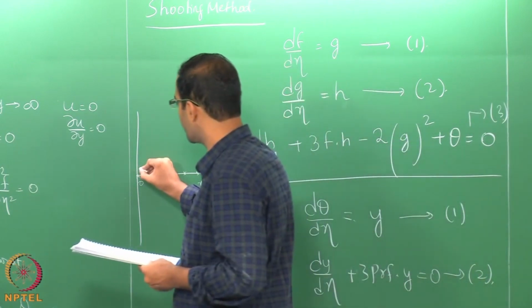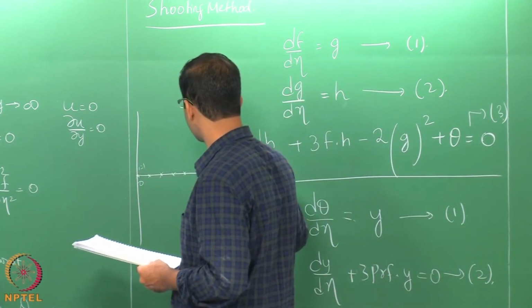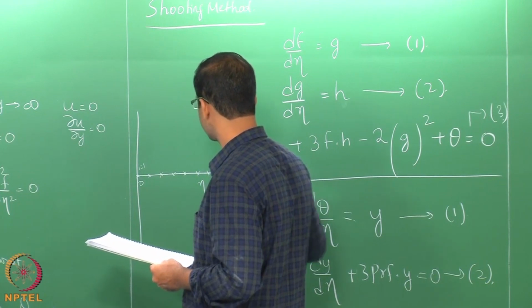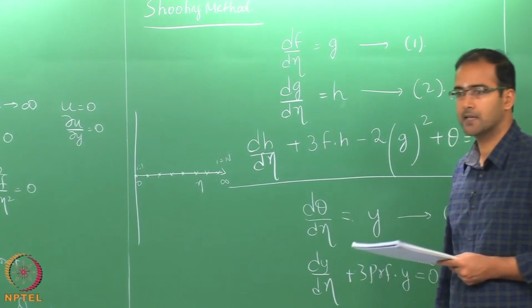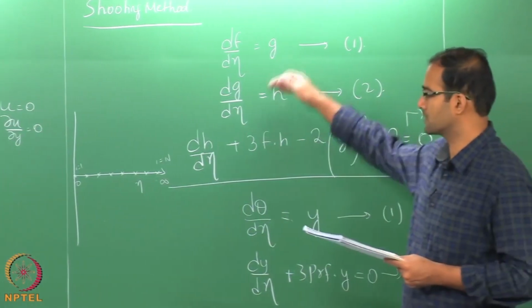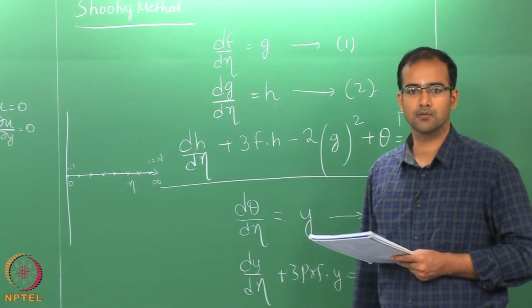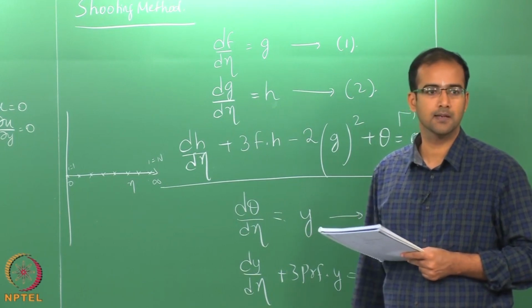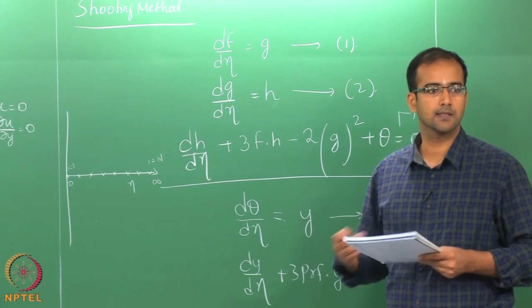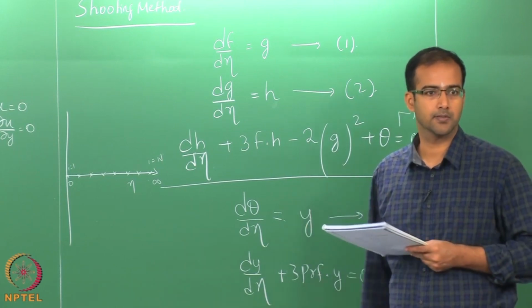So, you have points I equal to 1 all the way to I equal to n, right. Therefore, you will be marching in space. These are all first order ODEs. You can use a simple Euler backward differencing, and then simply march in space forward.